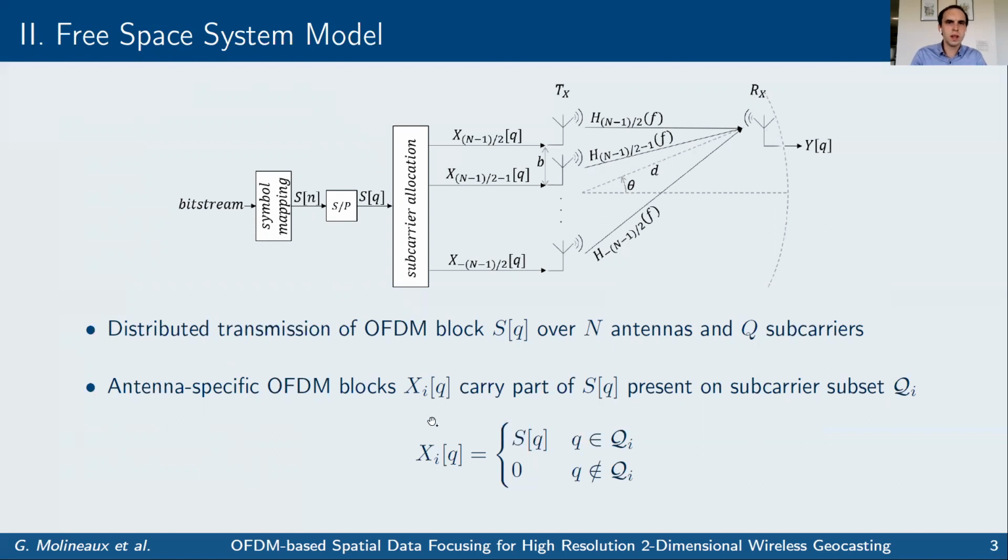Specifically, what is done is that n antenna-specific OFDM blocks Xi are defined, and the OFDM blocks Xi carry on those subcarriers Q that are part of the subcarrier set Qi that was assigned to this antenna. They carry the same information as SQ, and they don't contain any information on the other subcarriers, such that the OFDM block SQ is transmitted in its totality over all n different channels.